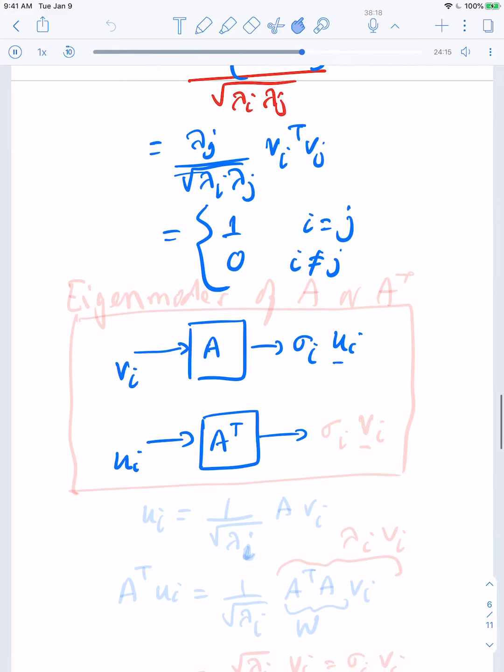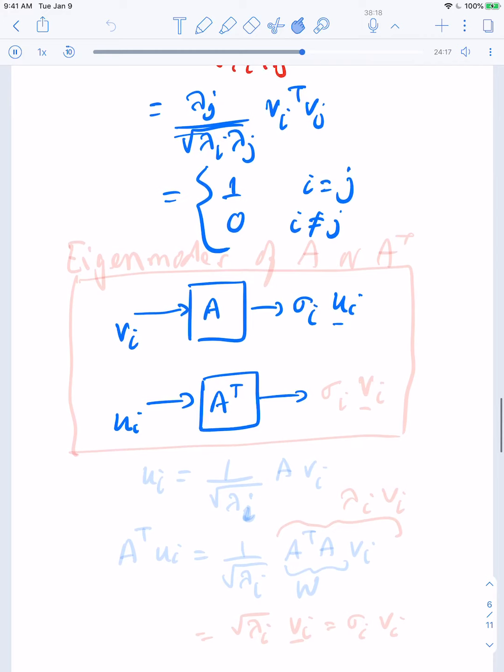Remember what Ui was: going back to the definition we had for normalizing things, Ui was 1 over root lambda i times A Vi. I'm going to apply A transpose to Ui and see what happens.